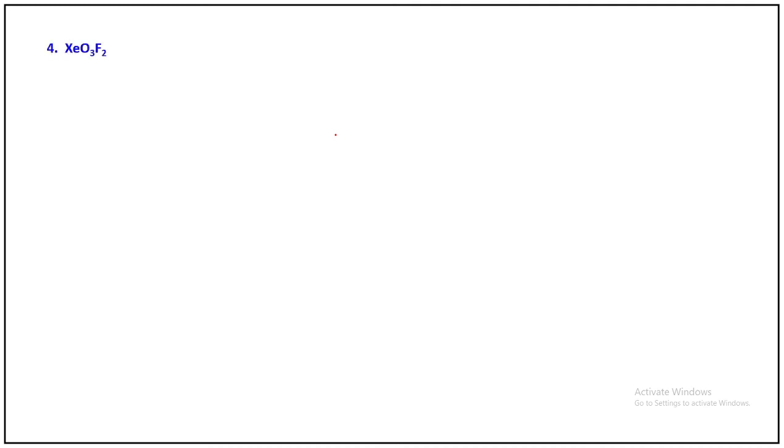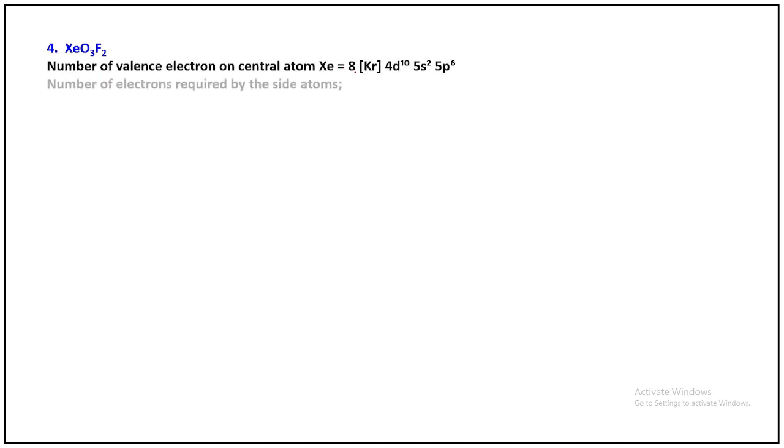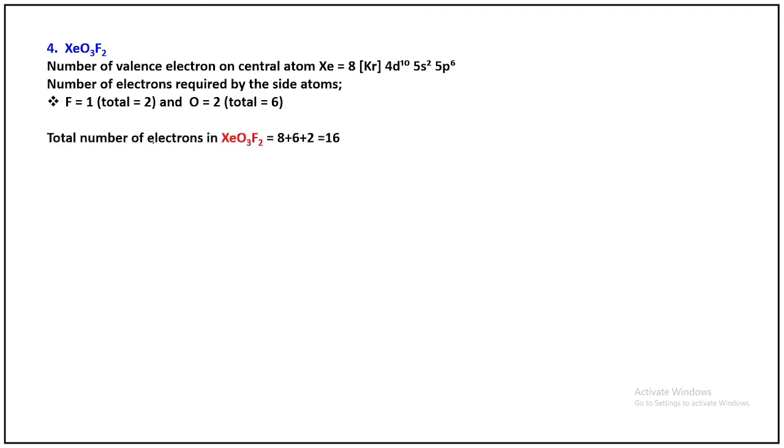The next one is XeO3F2. Here the central atom xenon has 8 valence electrons. The number of electrons required by the side atoms, 2 fluorine and 3 oxygen, gives 2 into 3 equals 6 electrons for the oxygens, plus 2 for the fluorines. Hence the total number of electrons in XeO3F2 will be 8 plus 6 plus 2, that equals 16.